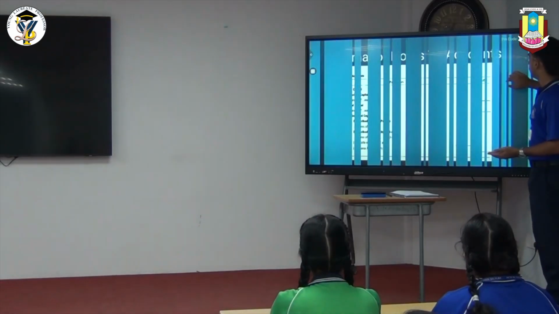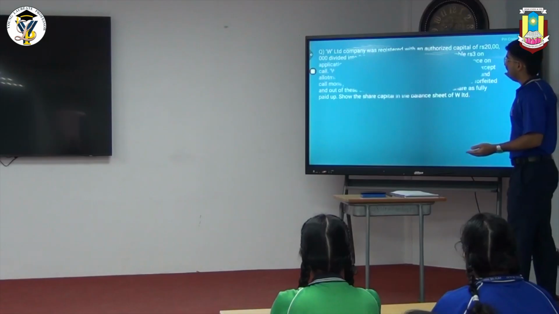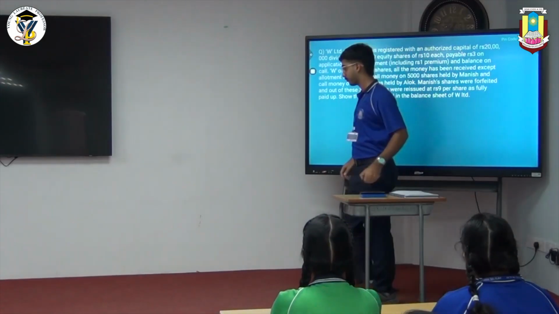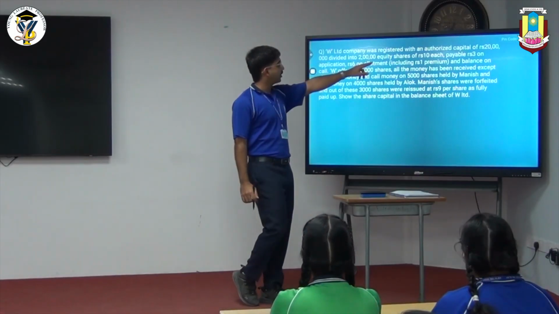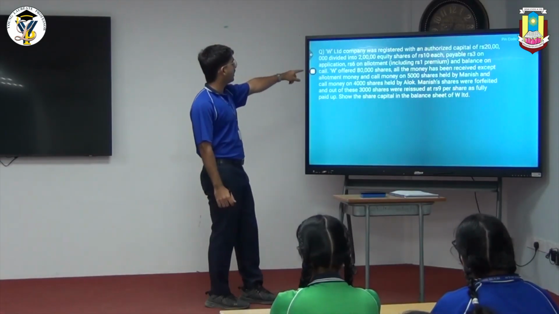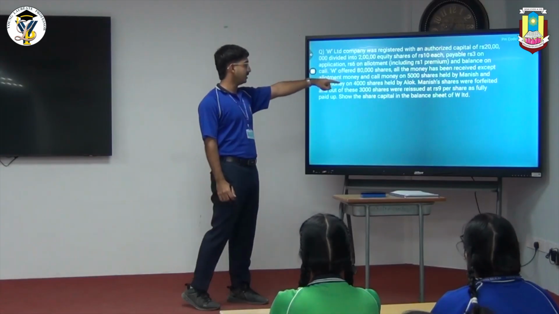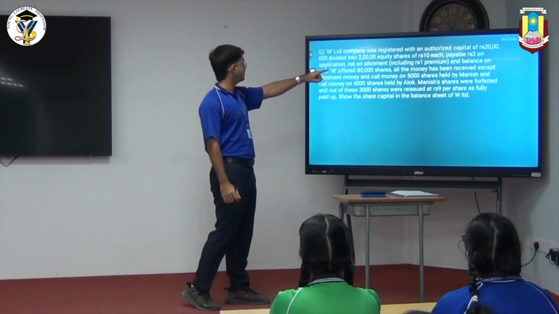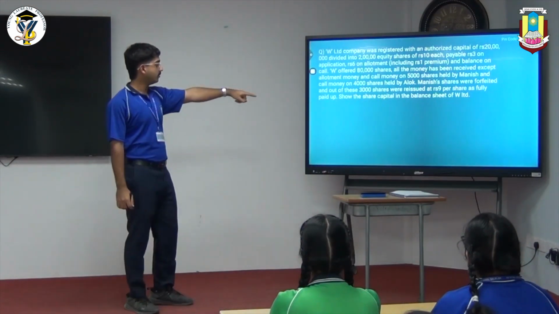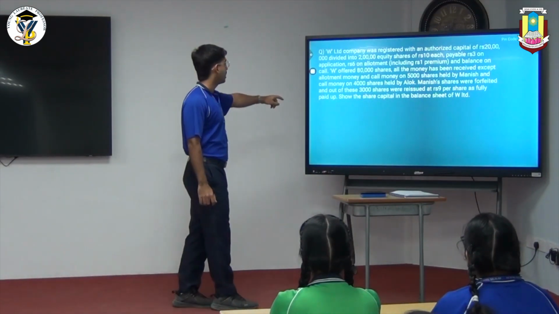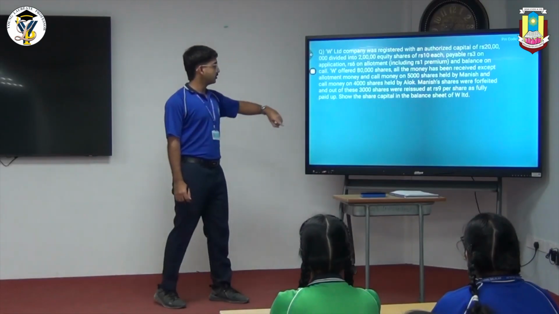Now, to further understand this topic, we have a question. W Limited Company was registered with an authorized capital of rupees 20 lakhs divided into 2 lakh equity shares of rupees 10 each. Payable 3 rupees on application, rupees 6 on allotment, including rupees 1 premium, and balance on call. Now, W offered 80,000 shares.